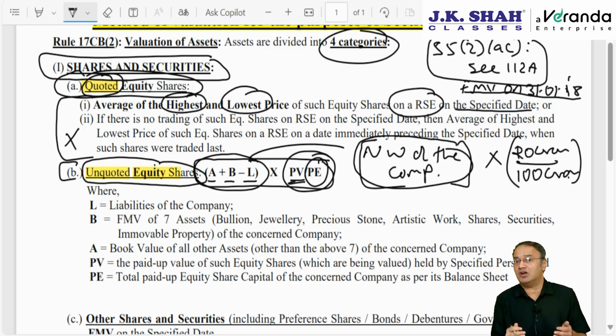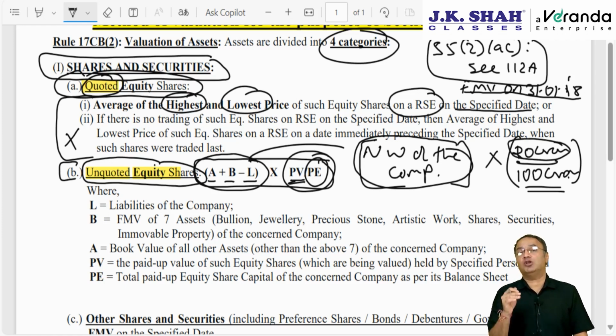It is not the net worth of the trust, it is the net worth of that company, multiplied by the fraction: the denominator is 100 crore, which is the total paid up value of all the shares of X Limited, and the numerator is 20 crore, which is the paid up value of those shares held by the trust, which are going to be valued.